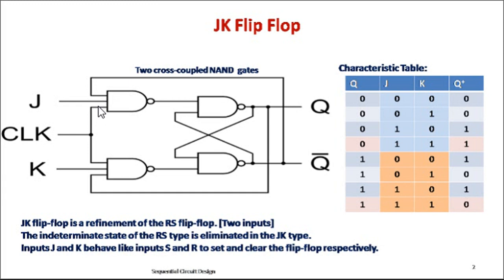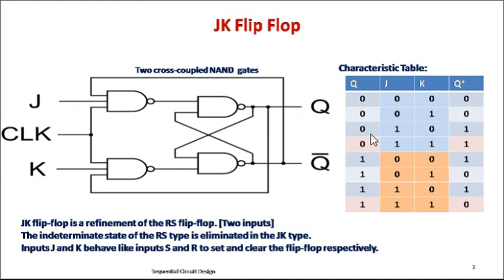So clock is 1, J is 1, K is 1, and again it depends upon the cross connection. Suppose Q is 0 now. Then 0 is connected to K, and it is obvious Q bar is 1, so 1 is connected here. Both 1, then it is 0, so the output is 1. So Q is equal to 1.